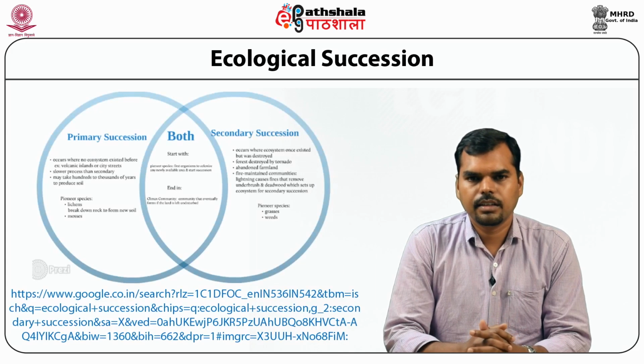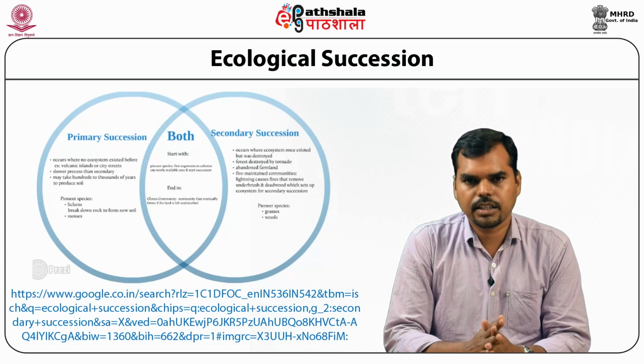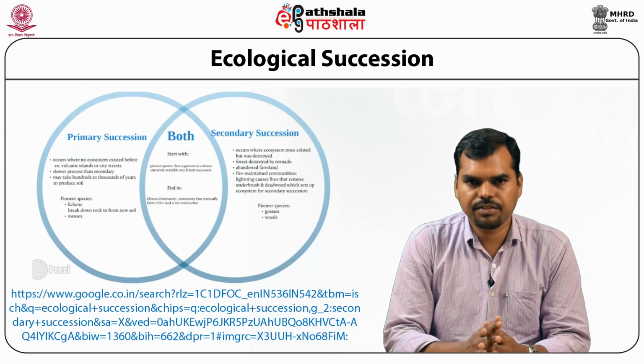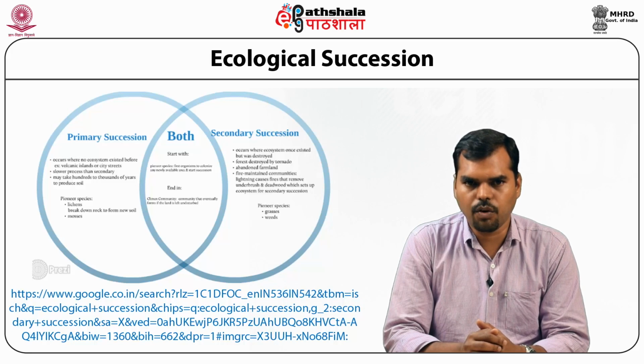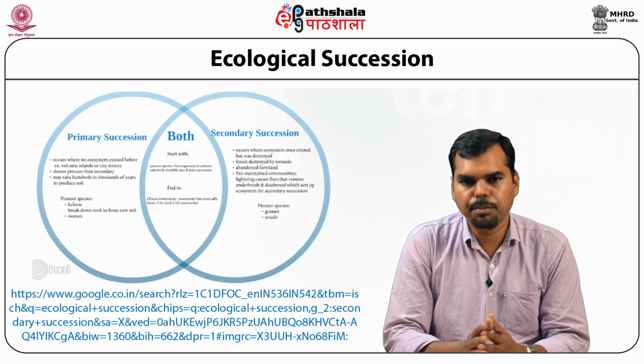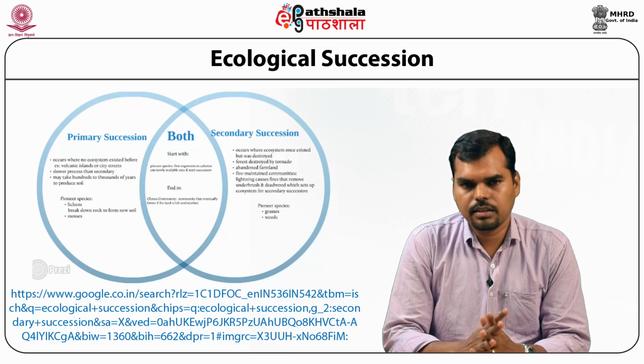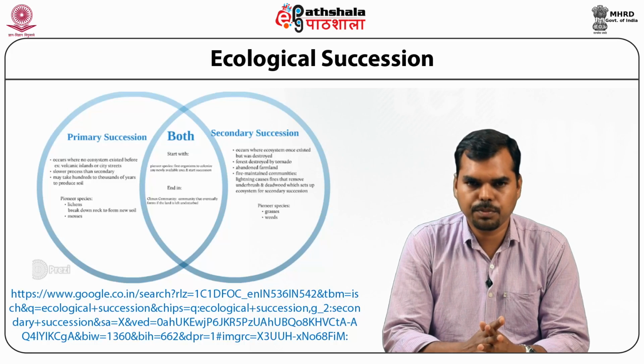Due to the ecological succession, or interaction among the biotic and abiotic factors, this term ecological succession has evolved. This is very important in the development or growth of any biological system in the biosphere.